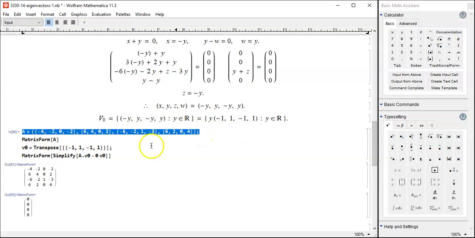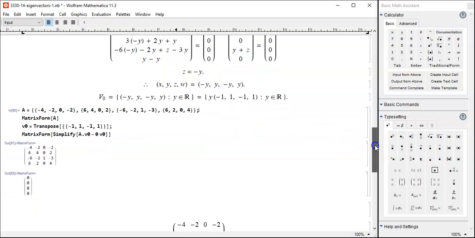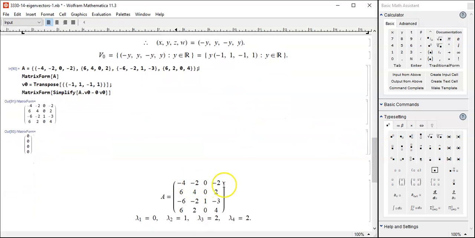Matrix A, we completed defining like this through each row: 4, negative 2, 0, negative 2, and then 6, 4, 0, 2, and so on. And then V0 is negative 1, 1, negative 1, 1. And that's for rows. So I want column vectors, so I took the transpose to make the column.